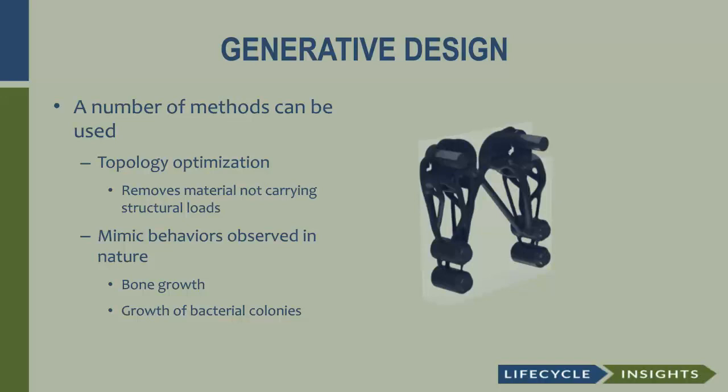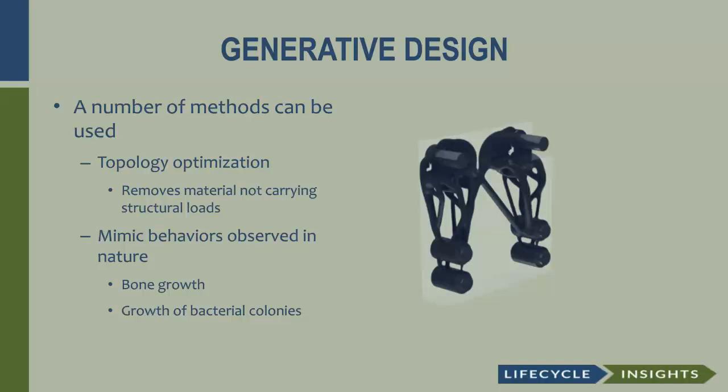Now if it sees an element that isn't carrying a lot of load, well, maybe you don't need that material, so it removes it. So piece by piece, it can remove material that is not being used to carry a load in a structural case and tries to meet other objectives. It might be cost or weight or something along those lines. Overall, this topology optimization approach is one that is being used in generative design in general.